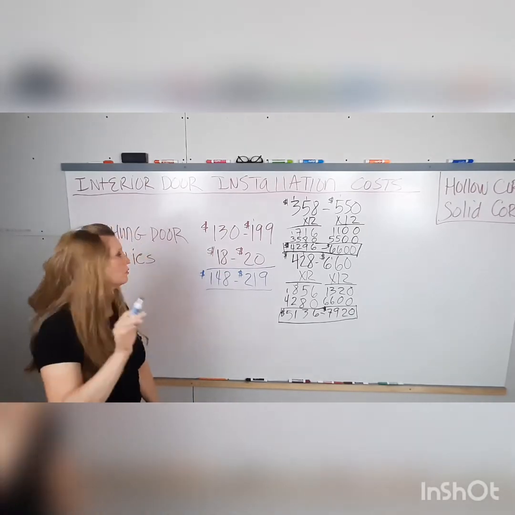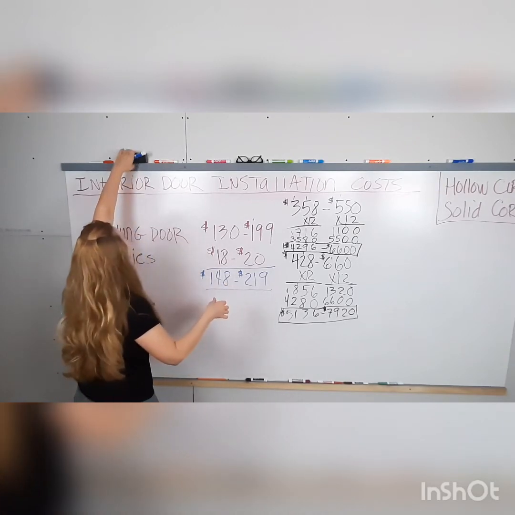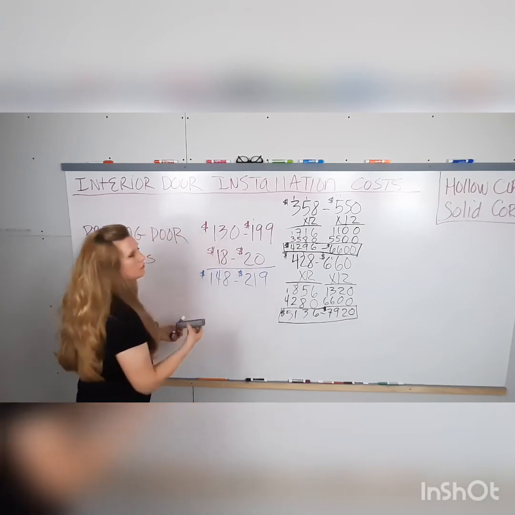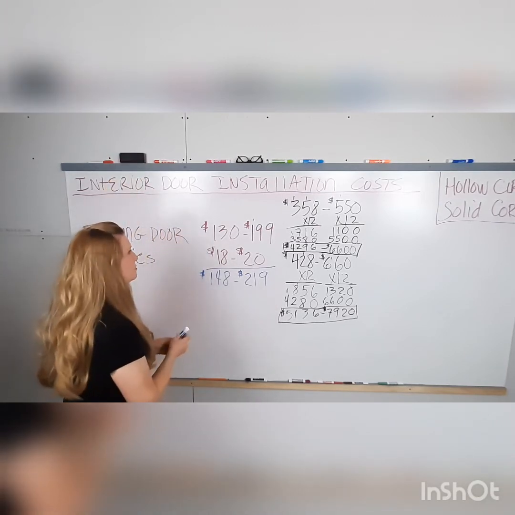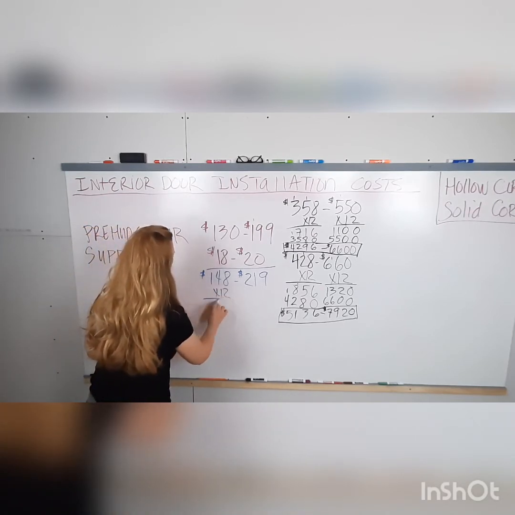Okay, so let's see what we do need to look at. That's just one door. So we need to factor in the fact that none of us are just going to install one door. We need to do the rest of the house. So in my case, I have 12 doors.